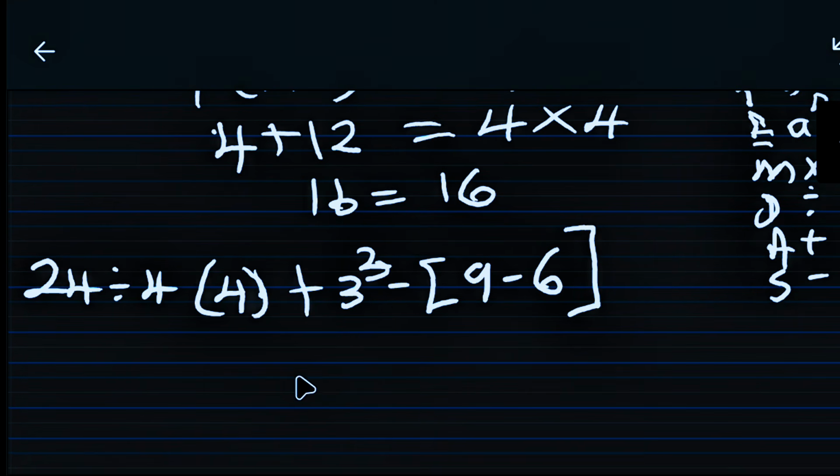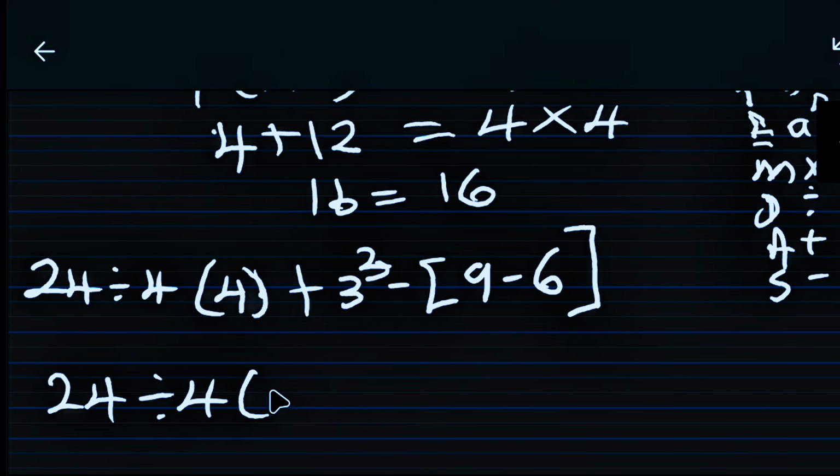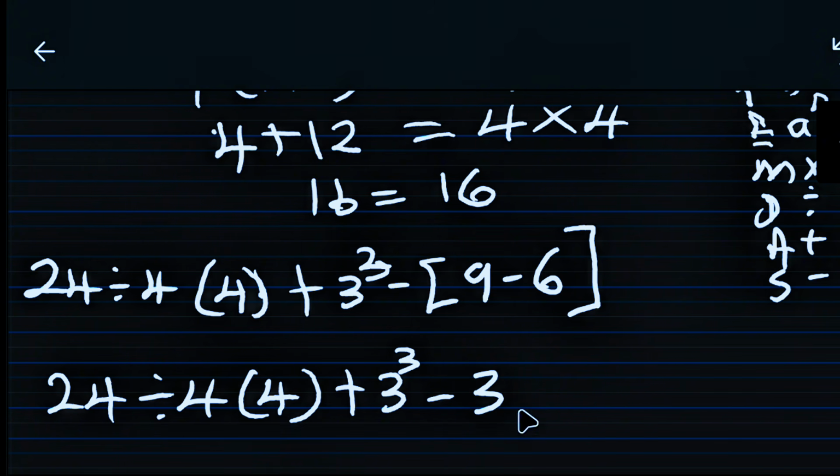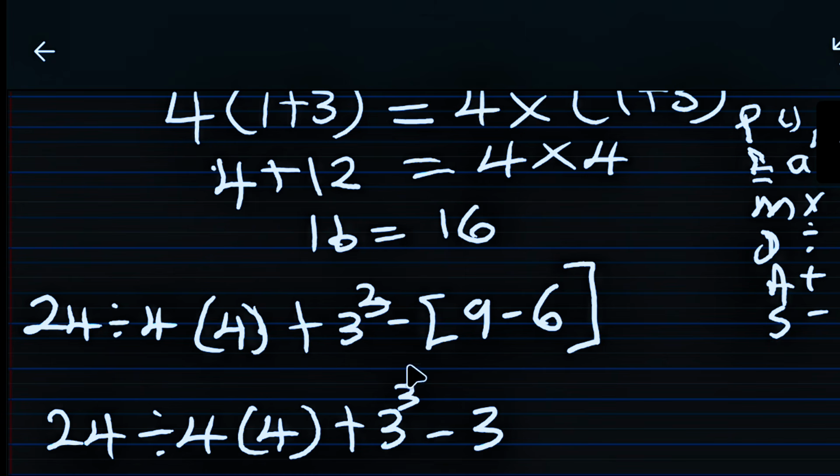So from here, the next thing is for us to attend to this square bracket here, okay? So we are going to have 24 divided by 4, then multiplied by 4, plus 3 cubed, minus 9 minus 6 equals 3, okay? So according to the order of operation, after parentheses comes exponent, okay?